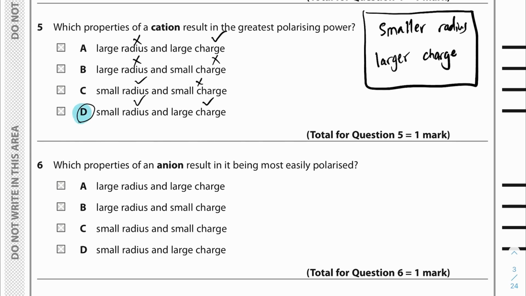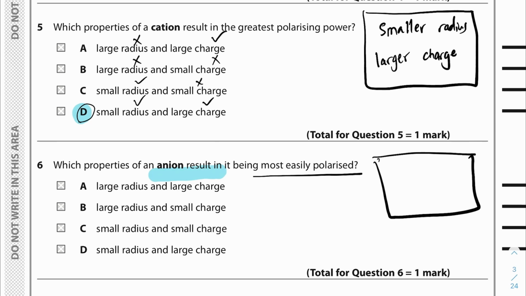Now similarly, question number 6 says, which properties of an anion results in it being the most easily polarized? So it has to be similar to what we just did, with just a difference. We're still going to have the larger charge. Larger charge always helps.